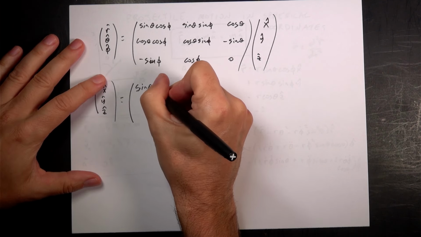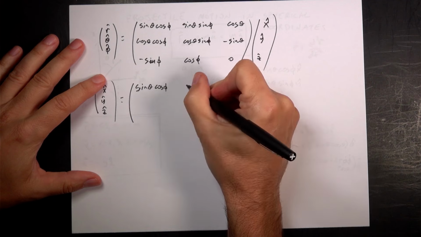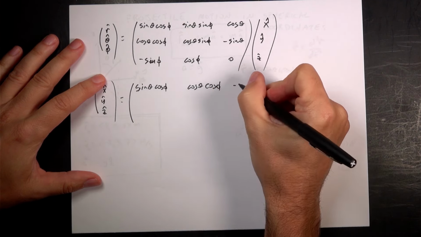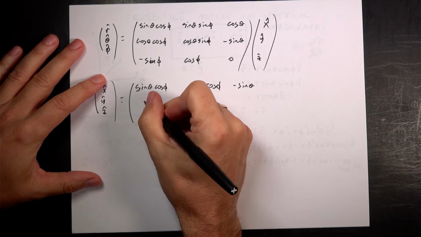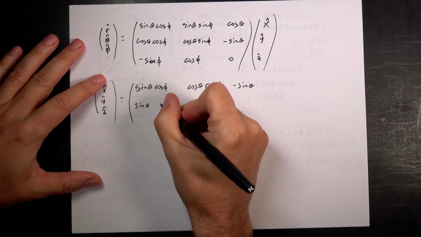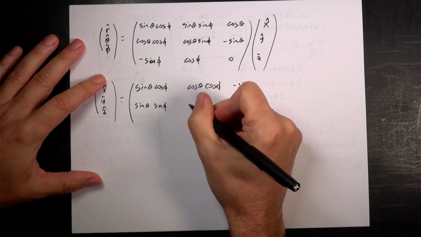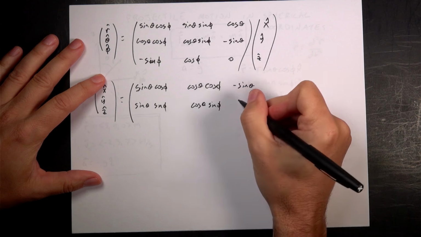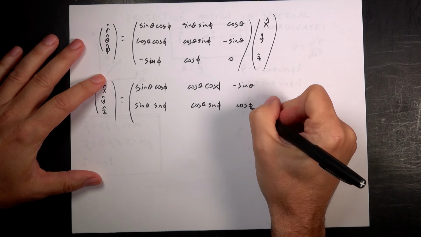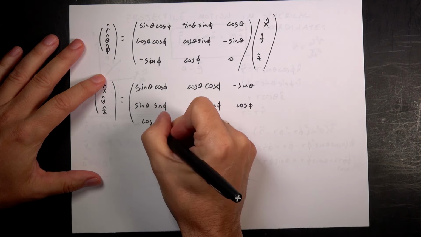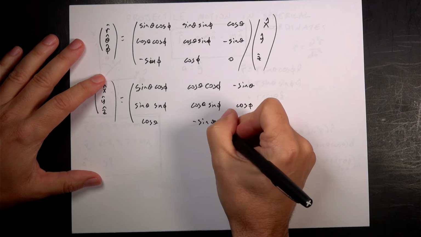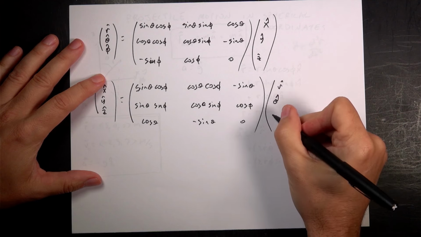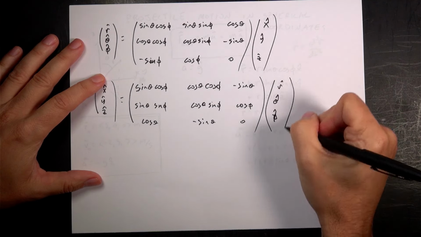Sine theta cosine phi, cosine theta cosine phi, negative sine theta, and then over here sine theta sine phi, cosine theta sine phi, cosine phi, and the last row is cosine theta, negative sine theta, 0, and this is going to be r hat, theta hat, phi hat.